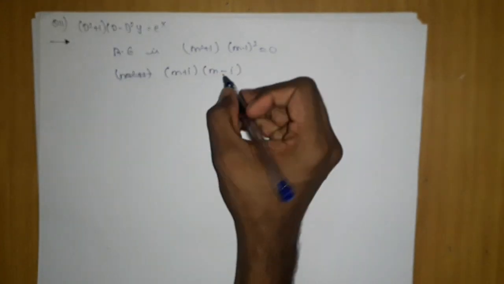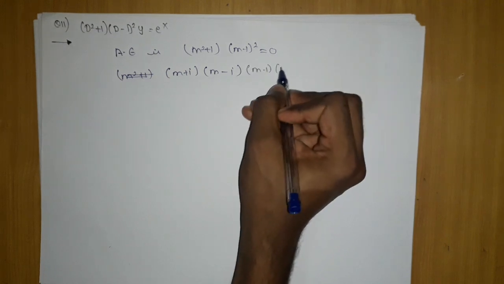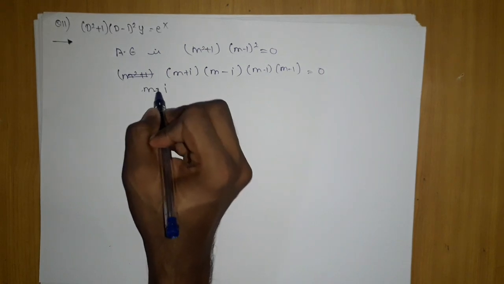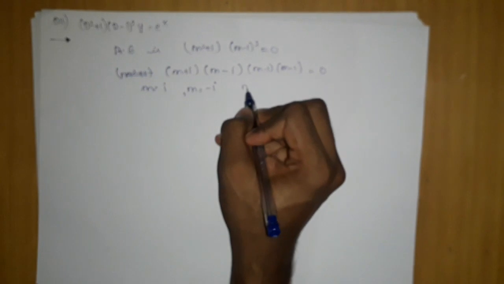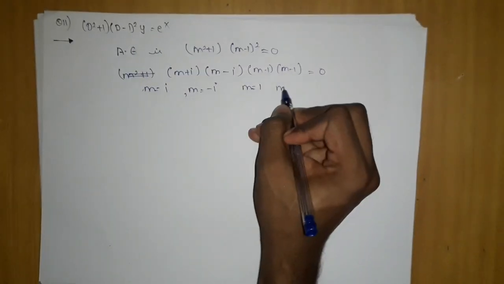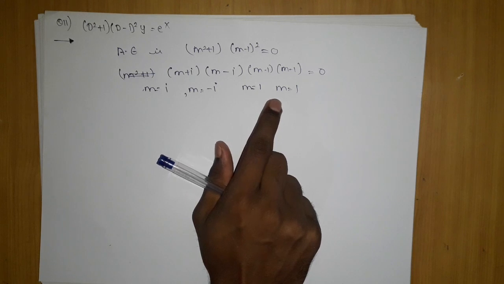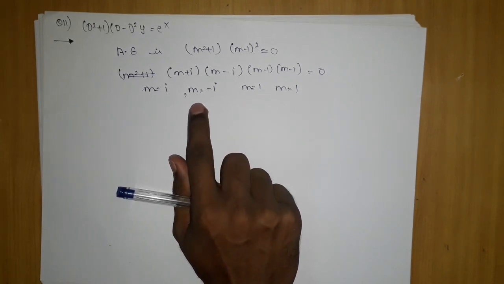M square plus 1 can be written as m plus iota and m minus iota, and m minus 1 can be written as twice, equal to 0. So you have roots m equals to iota, m equals to minus iota, m equals to 1, and m equals to 1. So roots of the auxiliary equation are real and equal, m equals to 1 and m equals to 1, and m equals to plus minus iota roots are complex conjugate.